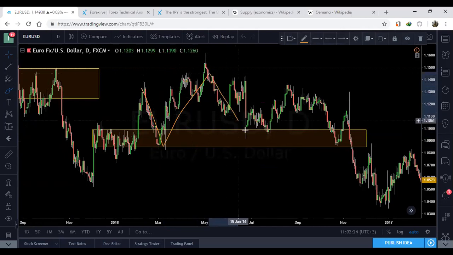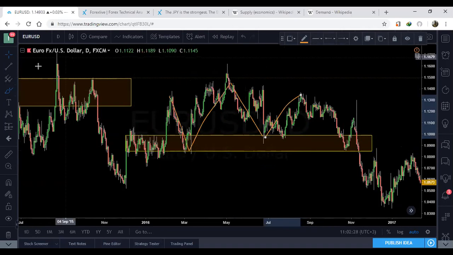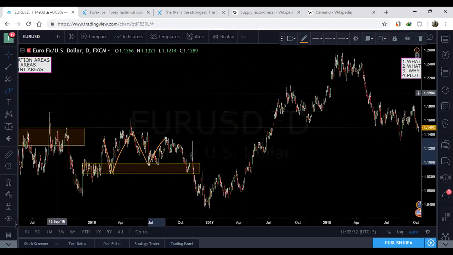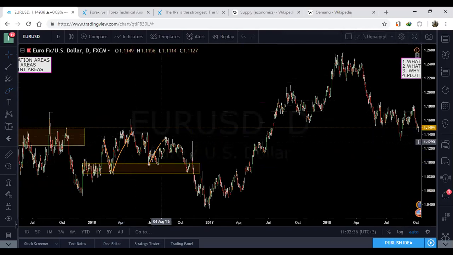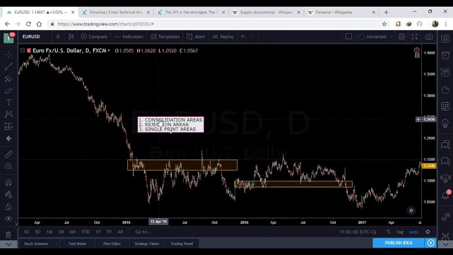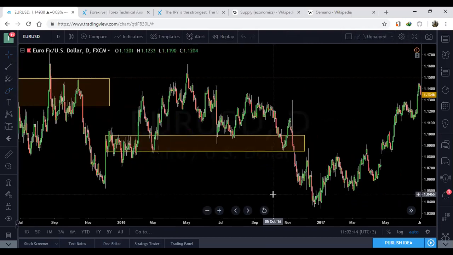Bought more, you can see. So that is simply the case for areas of consolidation. This is for the supply zone. This is for the demand zone.